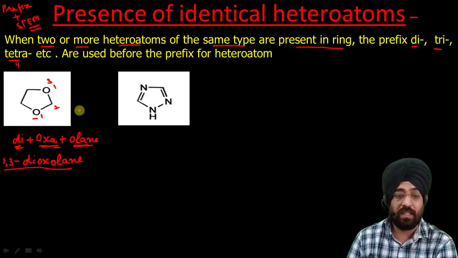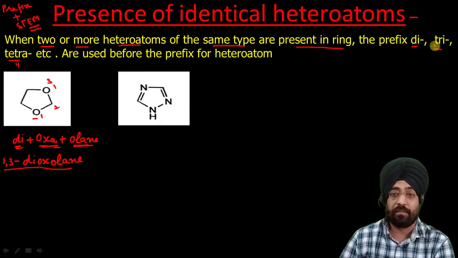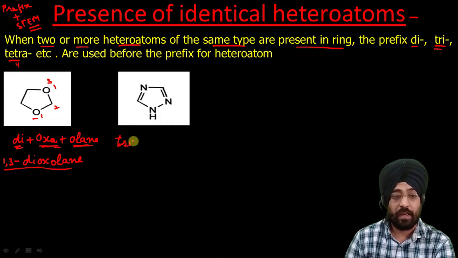Now similarly, this ring has three same heteroatoms, and the heteroatoms are nitrogen. If we have three same heteroatoms, we will use the prefix tri. So first we write tri. As it is nitrogen, the prefix for nitrogen is aza, plus it is a five membered saturated ring containing nitrogen, so its stem is ole.